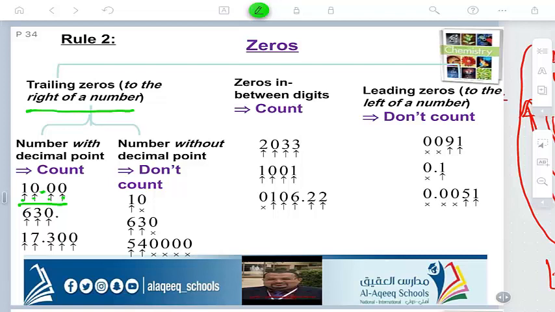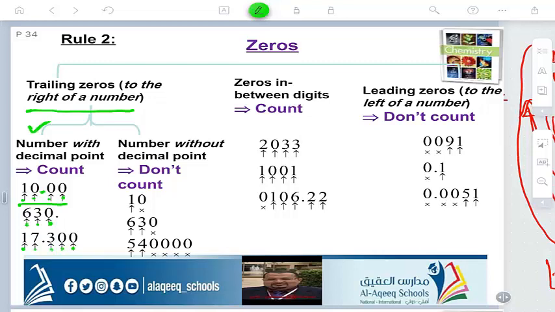What if the number is like this, 1, 2, 3? If zeros are located after the decimal, on the right-hand side of the number, we count all of them: 1, 2, 3, 4, 5 significant figures. This is the first case of zeros, to the right of the number.